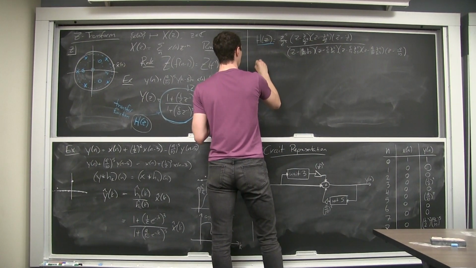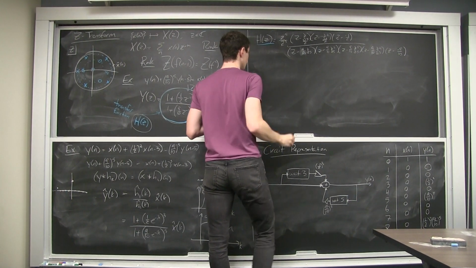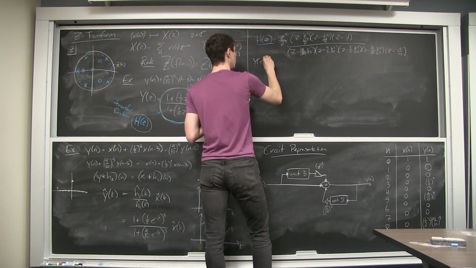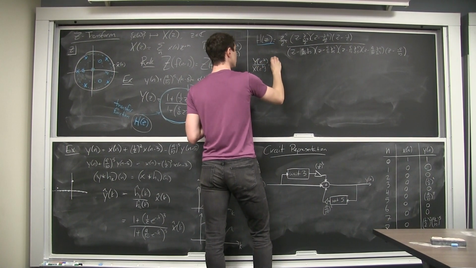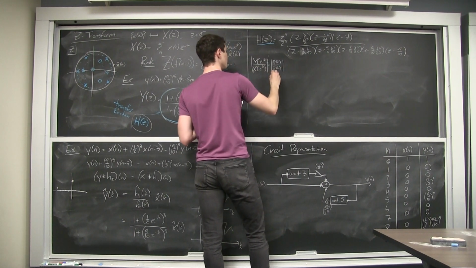Let's see, if I want to calculate the phase response, or let me do it like this. So I want to calculate y of e to the ik over x of e to the ik. This is y hat of k over x hat of k. Let's say I want to do the modulus.